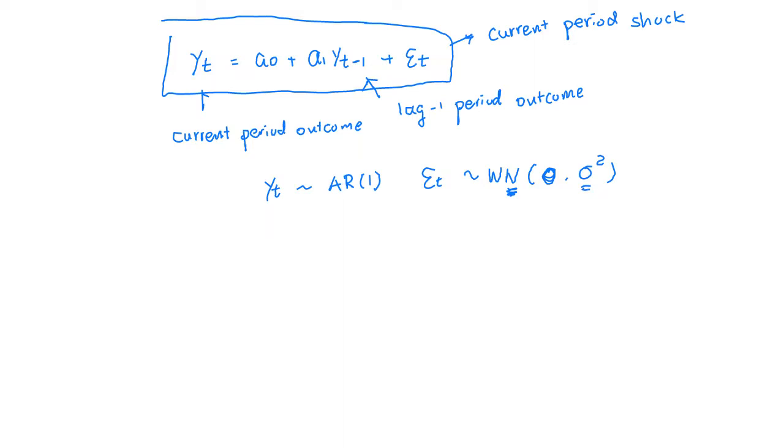So first of all, how do we define strict stationarity and weak stationarity? Mathematically speaking, strict means we need more conditions to satisfy, right?